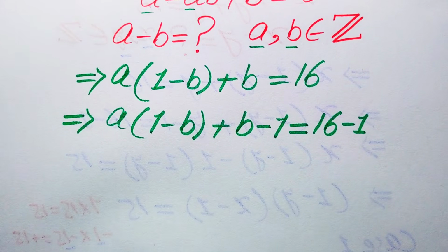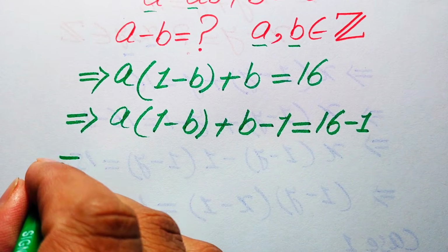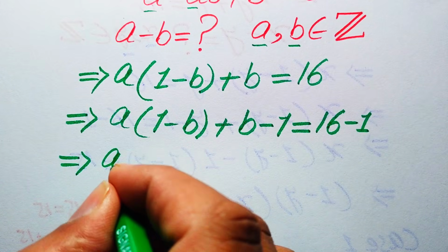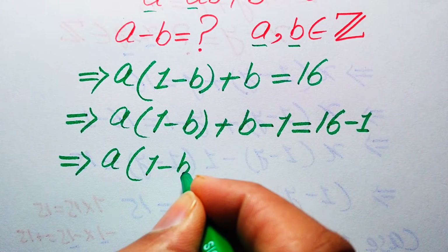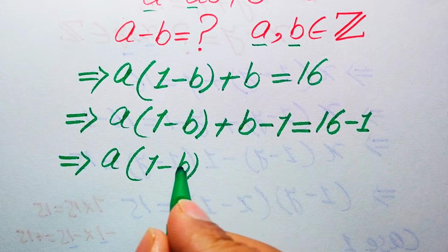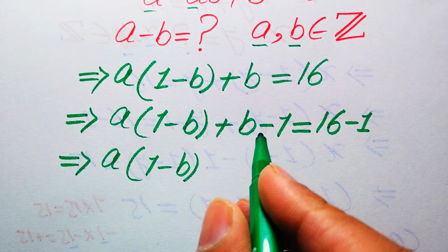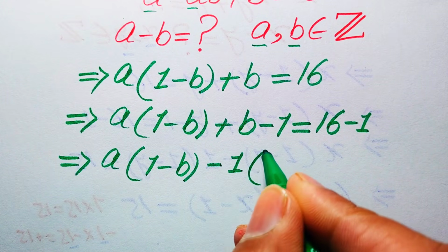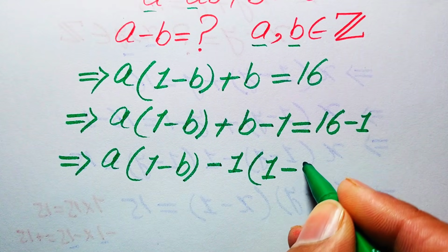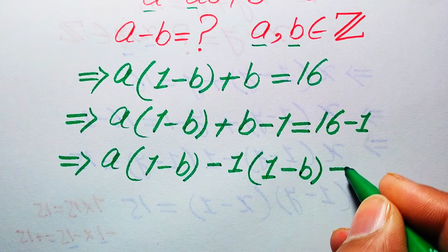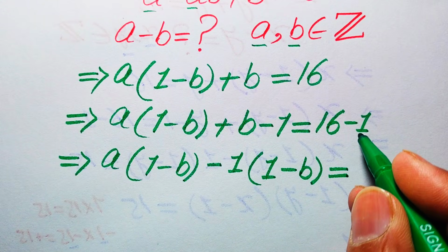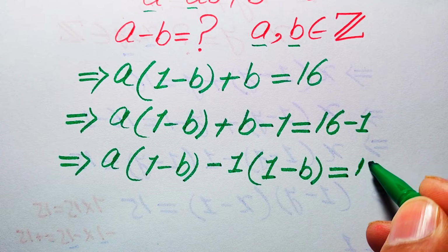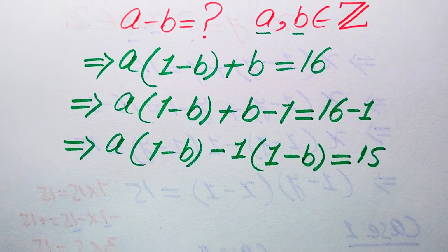And now in the next step we need more simplification, and it will be written as a times 1 minus b. In order to make this factor 1 minus b, we take common minus 1 from here, and when we take common minus 1 we get the remaining values 1 minus b is equal to 16 minus 1, and 16 minus 1 becomes 15.